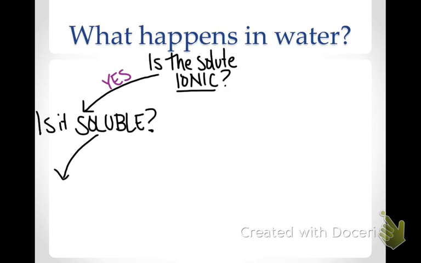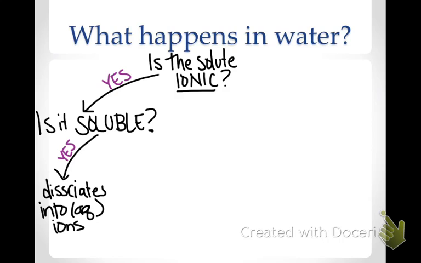So if this answer is yes, then what this is going to do is dissociate, so it breaks apart into its aqueous ions. It will dissolve in its aqueous ions, so separated from each other.